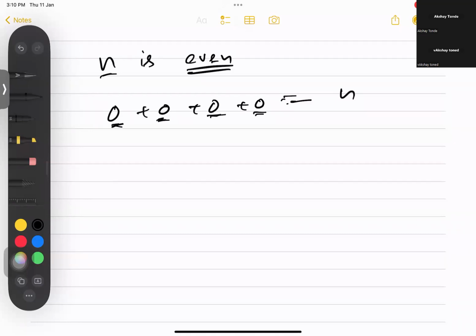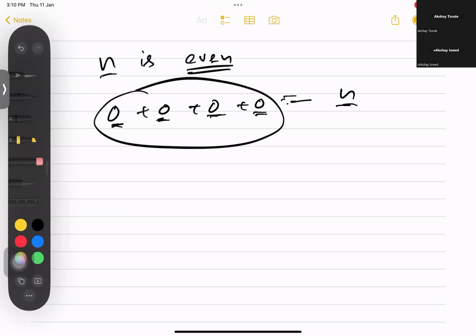So these distinct odd numbers have to be summed up to become an even number. And what is the condition for that? The number of odds we use should be even. We cannot use 3 odds and achieve an even sum. So I'll write down the two conditions.